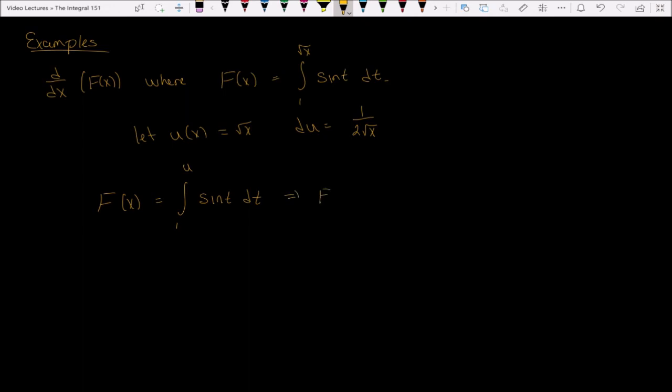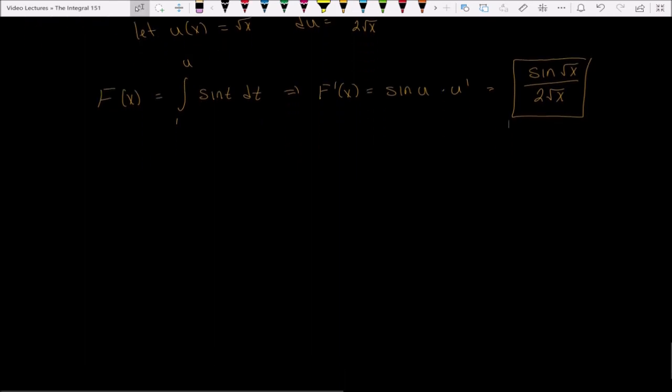This means that f prime of x would equal sine of u times u prime, the derivative of u. All right, so that would be sine of the square root of x all over 2 times the square root of x.